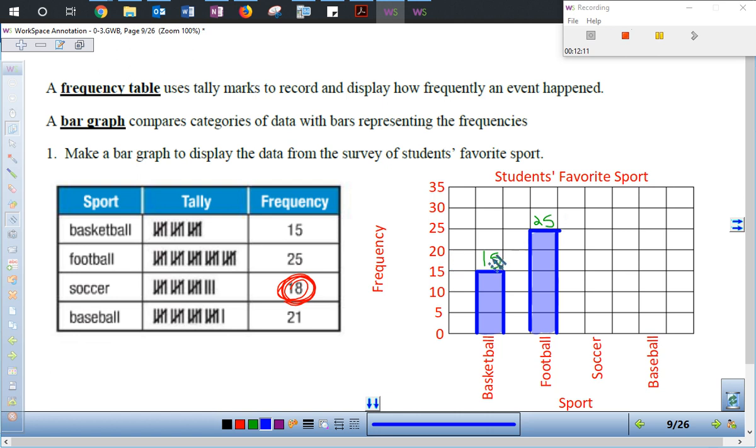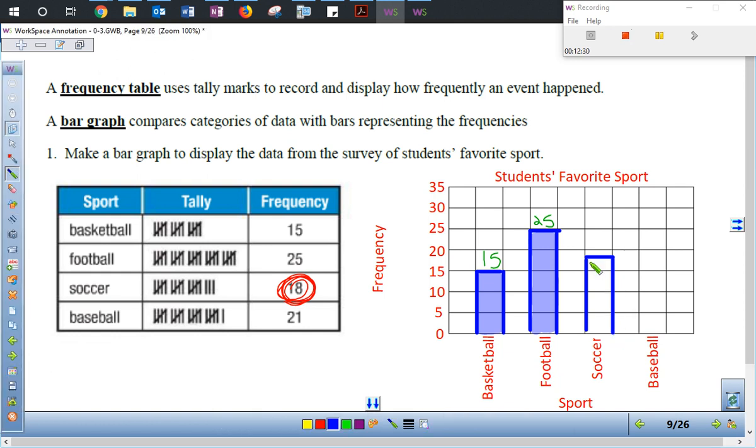And this is where these numbers on top are really important, because I know that 18 is about halfway between 15 and 20, so I can come over here and say, well, 18 is about right there, and connect it down on both sides, shade it in with whatever I choose to use. And if someone were to look at this graph, they wouldn't know for sure what that is unless we told them, so absolutely, we need to write our frequency on top. This is 18. 18 students said that soccer was their favorite sport.